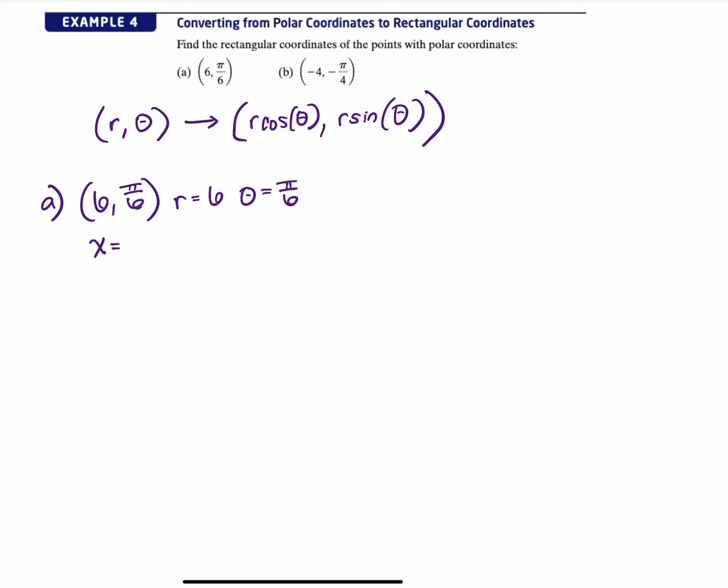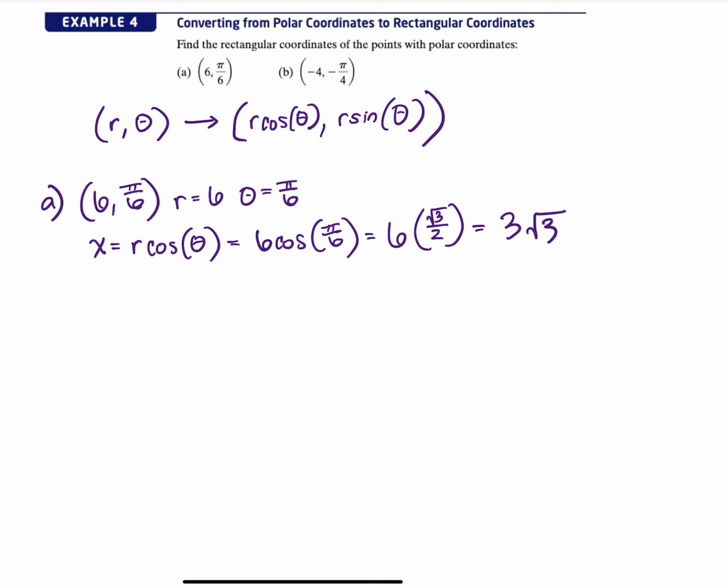X will equal r times the cosine of theta. So that will be 6 times the cosine of pi over 6. The cosine of pi over 6 is the square root of 3 over 2. So this should give us 3 root 3, because the 6 will be divided by that 2.